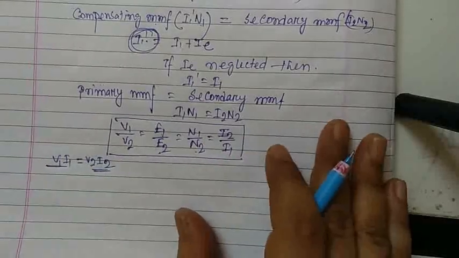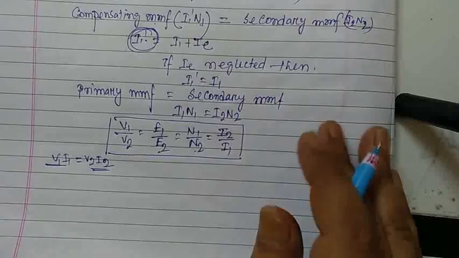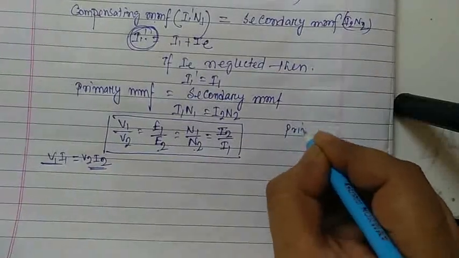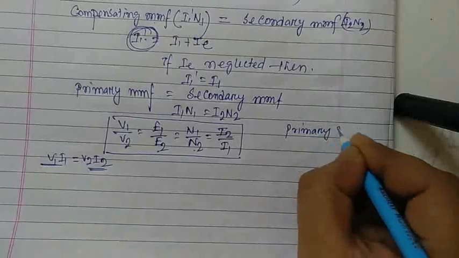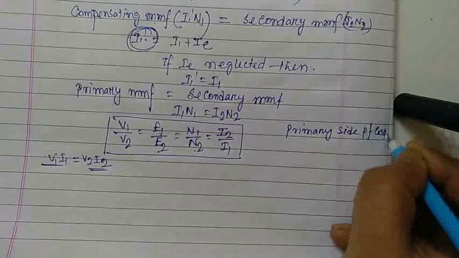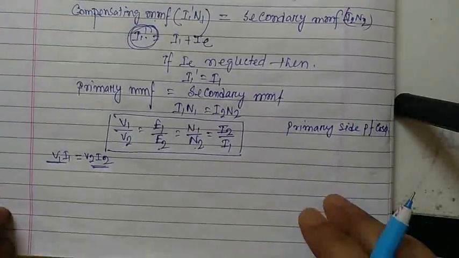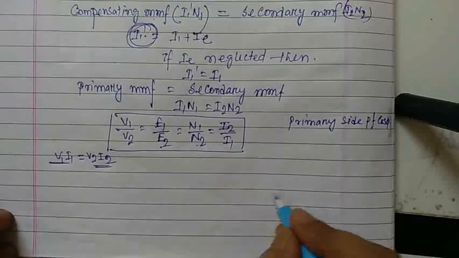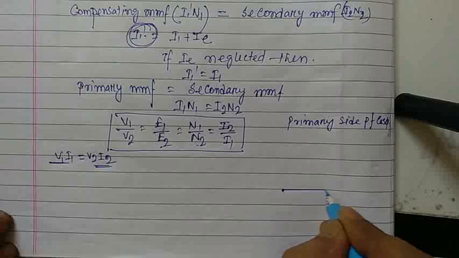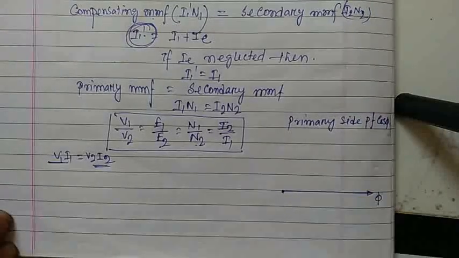Now suppose we take the primary side power factor as cos theta 1. As we know, when we draw the phasor diagram of a transformer, the flux is taken as reference, so phi is taken as reference, this is phi.